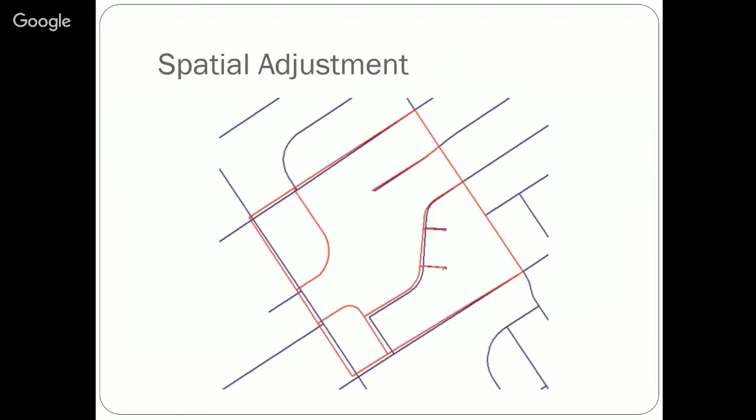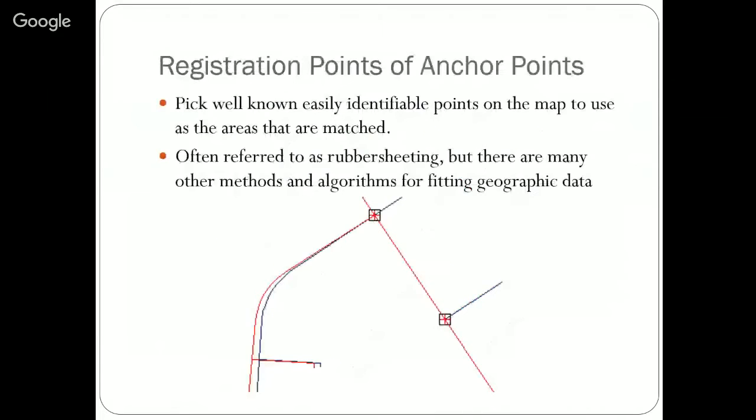Now, when we talk about the points that we pick to do the registration, these are referred to as either registration points or anchor points. And again, remember that you want to pick easily identifiable points on the map, and also on the map that you're matching to.